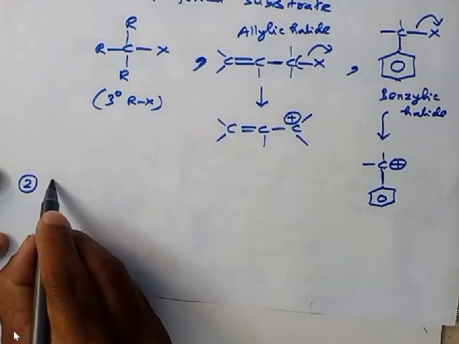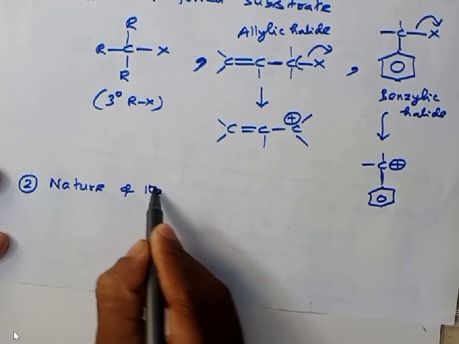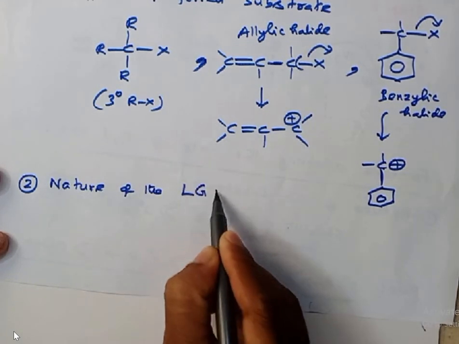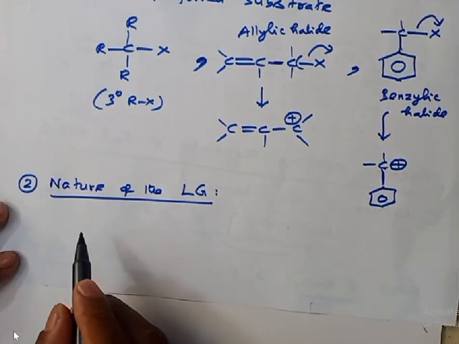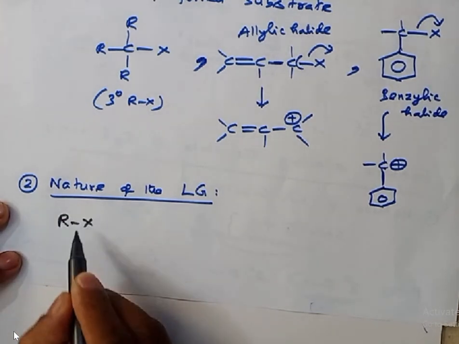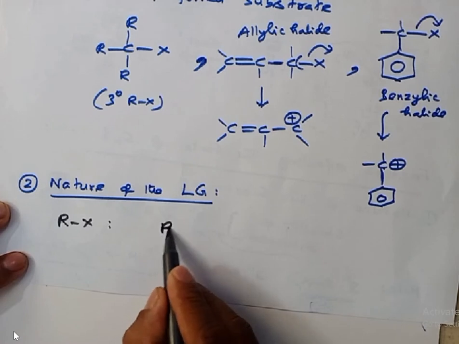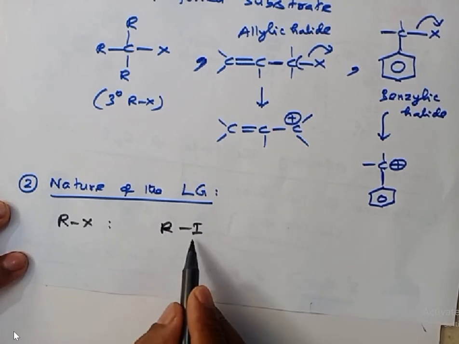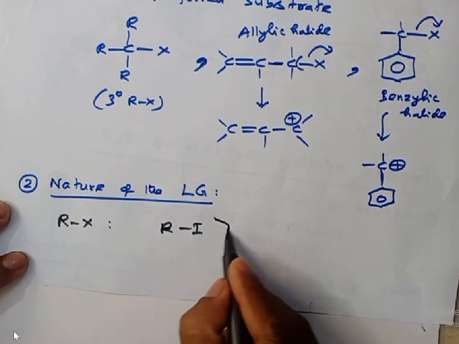Let me write on the next page. Nature of the leaving group. Let me put it simply as LG, leaving group. Among halogens, suppose you take alkyl halides, you know very well, alkyl iodide is the best leaving group compared to alkyl bromide.